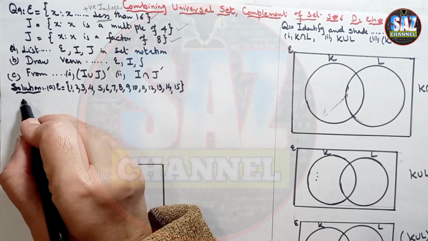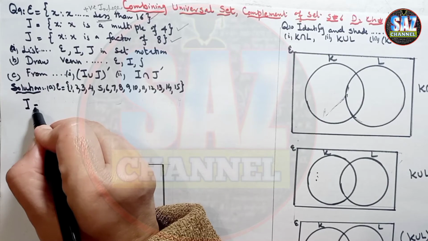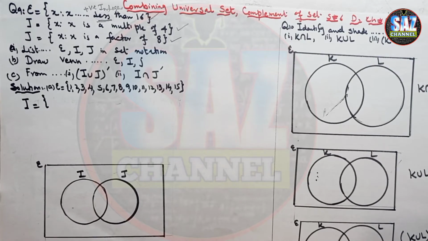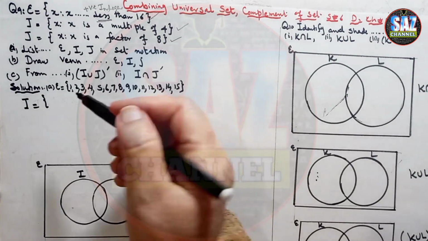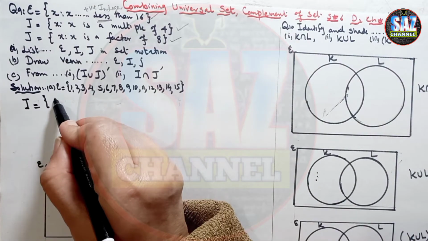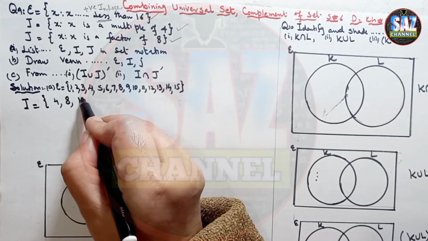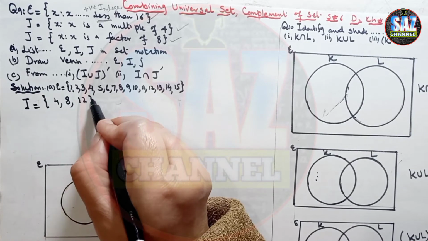Then in set I, we have to take the multiples of 4, but recall my previous lesson and keep this point in mind that whatever elements you have to take in the subsets, they have to be from the universal. So the multiples of 4 will be 4, 8, and 12, because 16 is not coming.